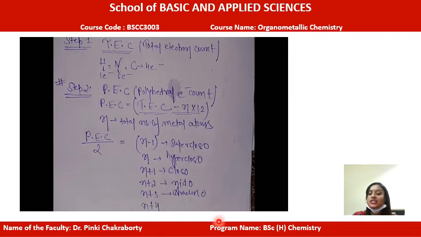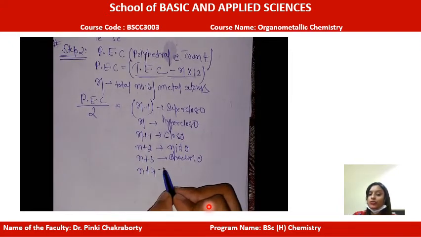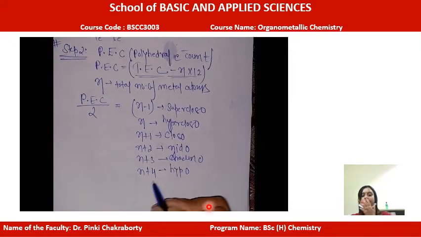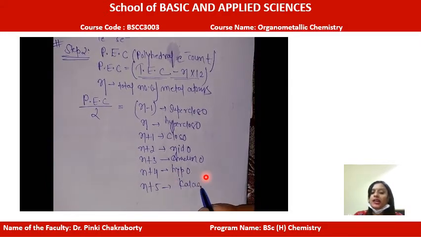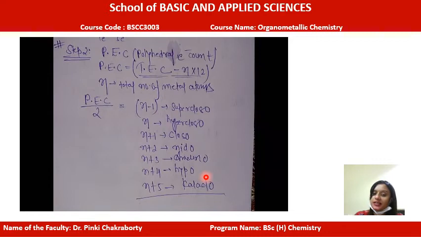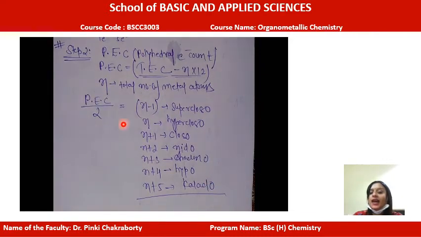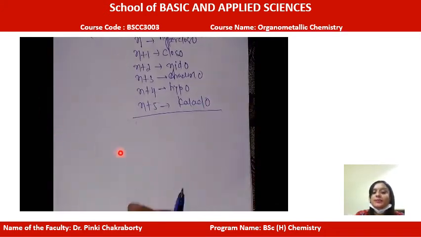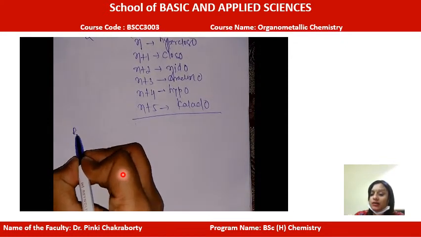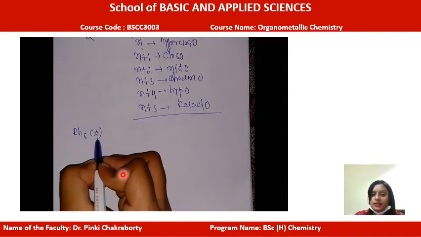Now these things you need to know. n plus 4 will be a hypocloso structure. n plus 5 will be a clado type of structure. Clear? So this is how we can identify the main structure of the high nuclearity carbonyl cluster just by knowing the PEC by 2 value.